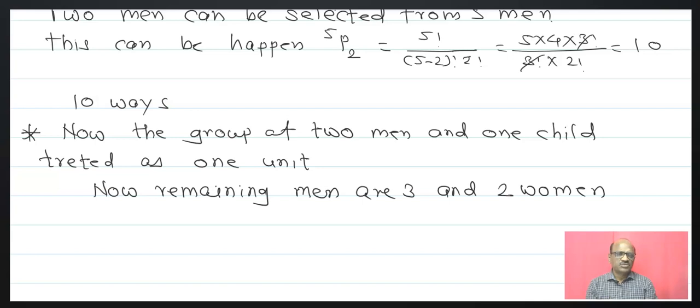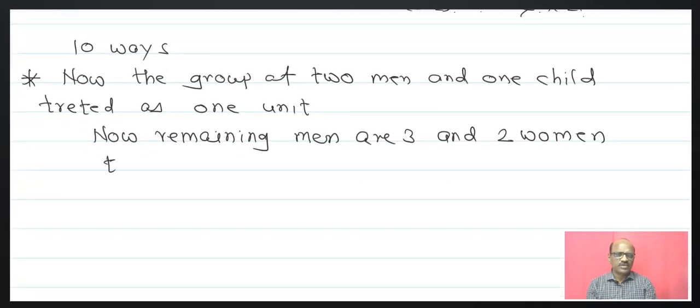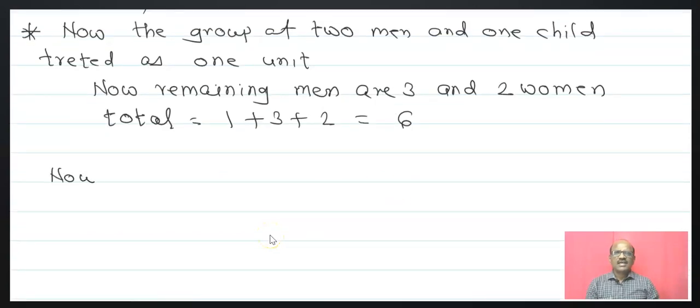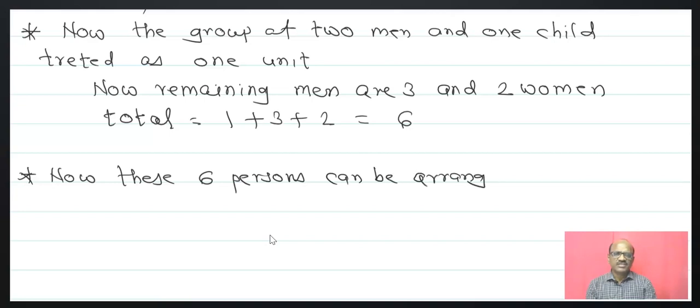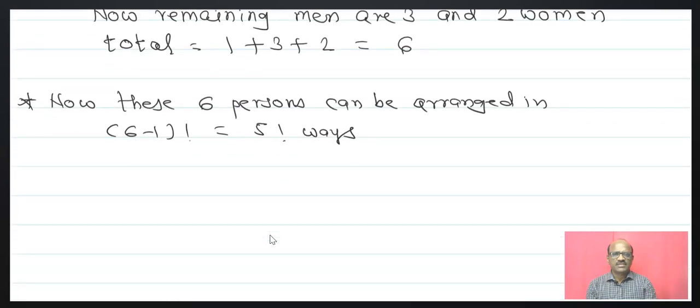That is 3 plus 2, that is 5, and that 1 unit, 5 plus 1, that will be 6. This 1 is the group of the 2 men and the 1 child, 3 are the men and the 2 are women, totally 6. Now these persons can be arranged in 6 minus 1 factorial.